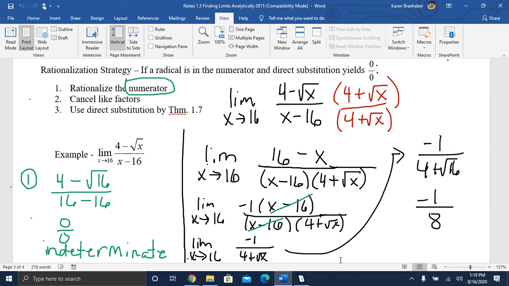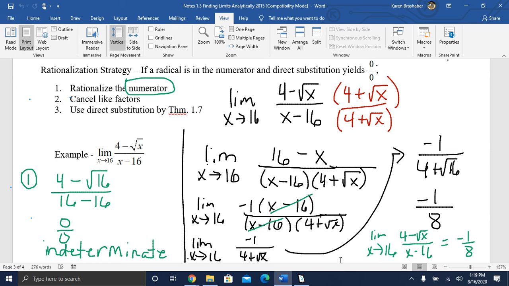So our original problem was the limit as x approached 16 of 4 minus the square root of x over x minus 16, and that gave me a negative 1/8.